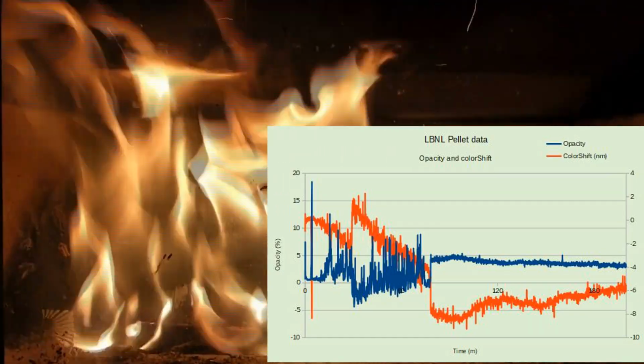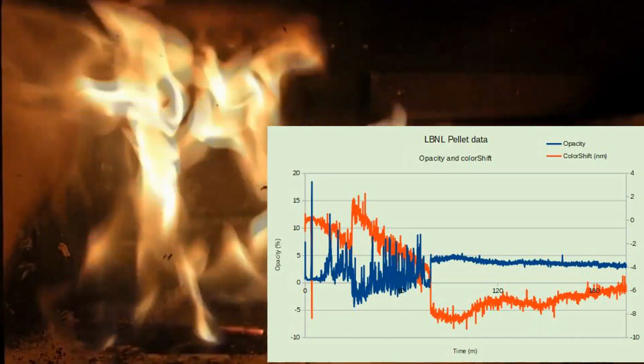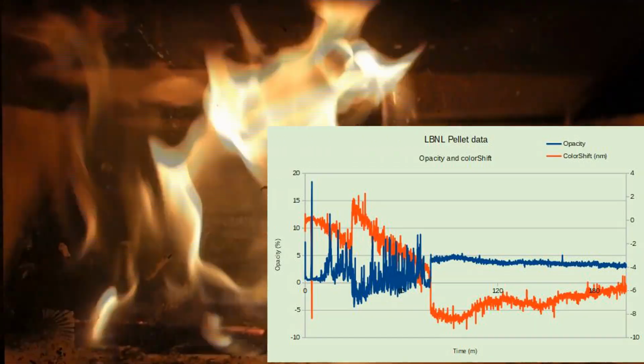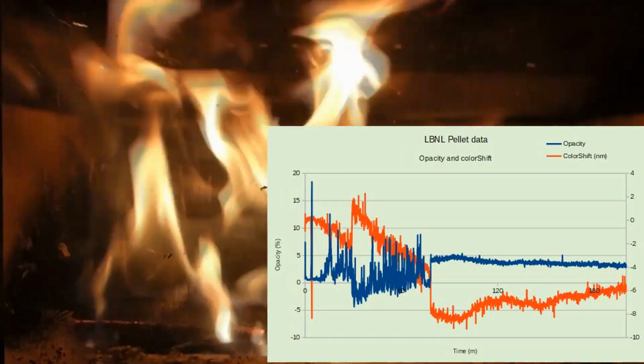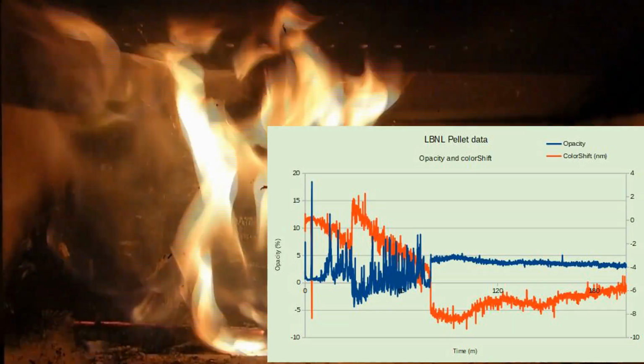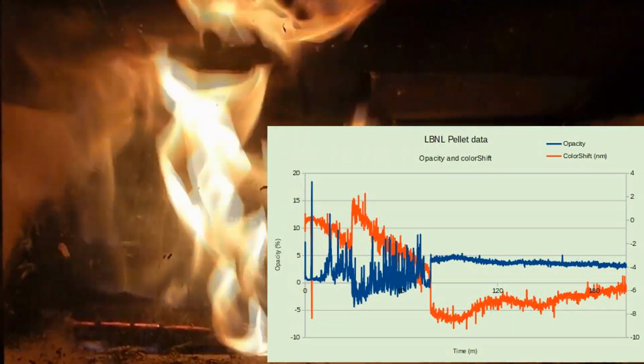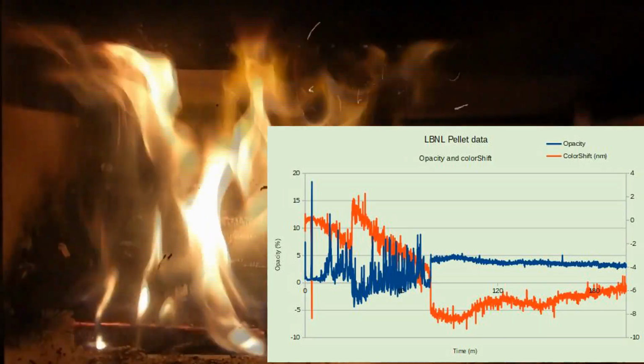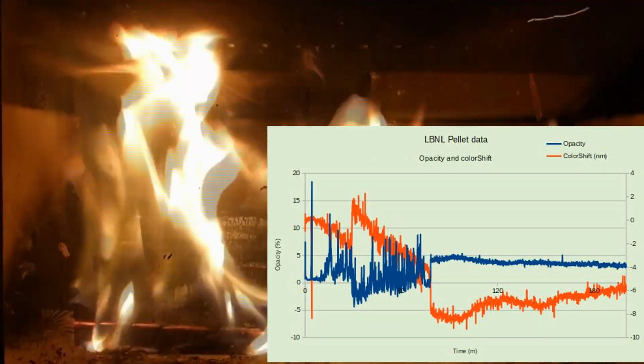At the same time, I was working on the instrument and had found this color shift variable that comes out of the sensor. The team really wasn't excited about the color shift. Yes, they would listen to me. However, they were focused on the opacity and the fact that it could read a pellet stove.